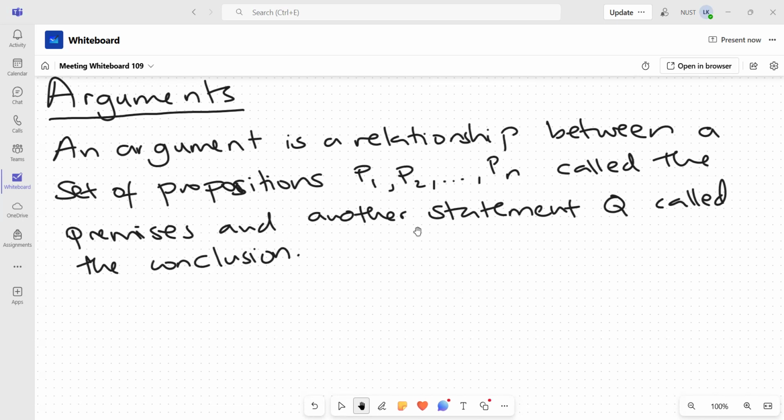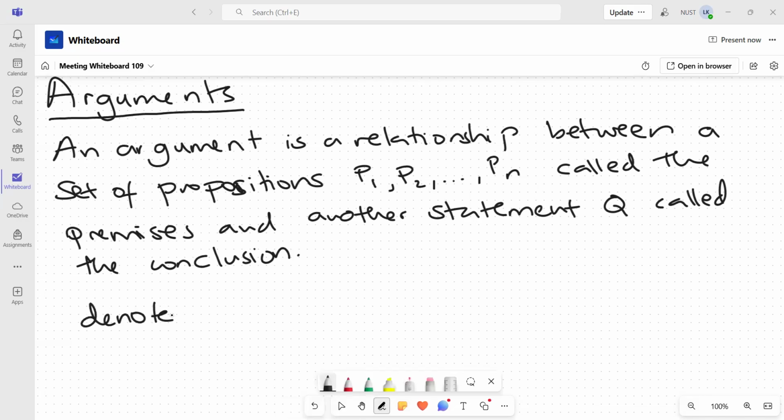And then you have another statement Q that you combine these ones in some way and then implies. Then this Q here is our conclusion, and then the combination of these ones is what we call the premises.